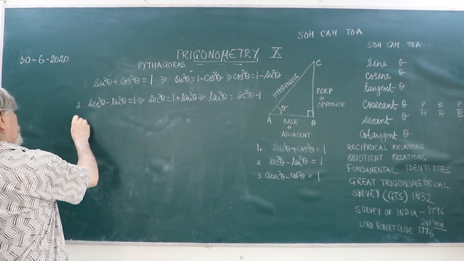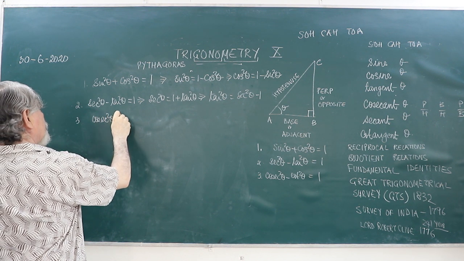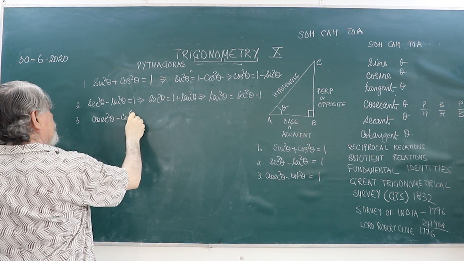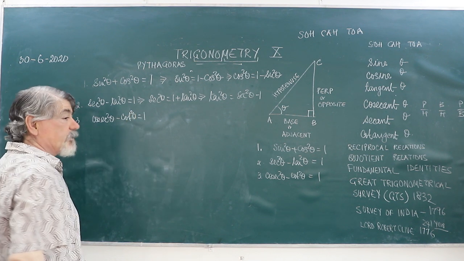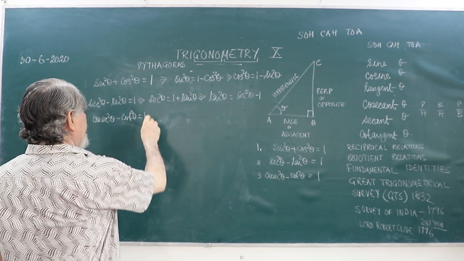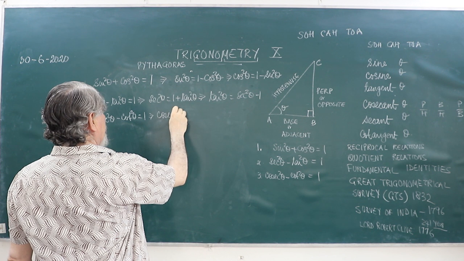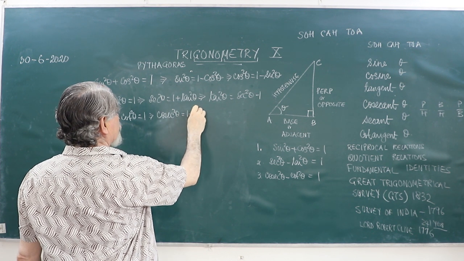Next is cosec square theta minus cot square theta is equal to 1. So I can write it as cosec square theta is 1 plus cot square theta.